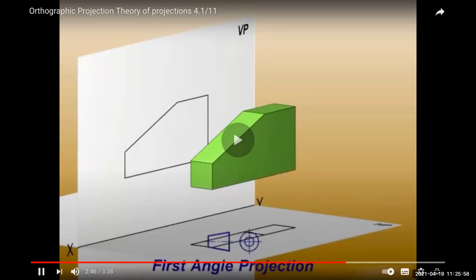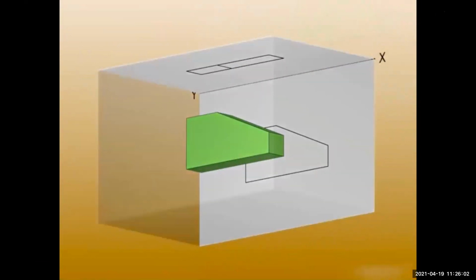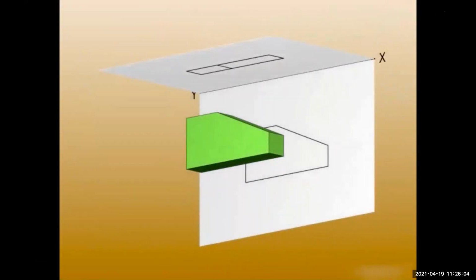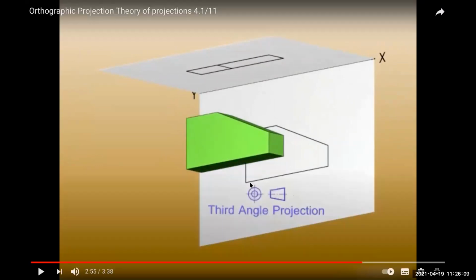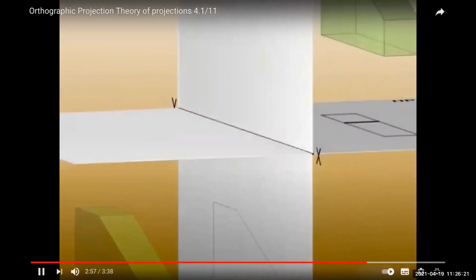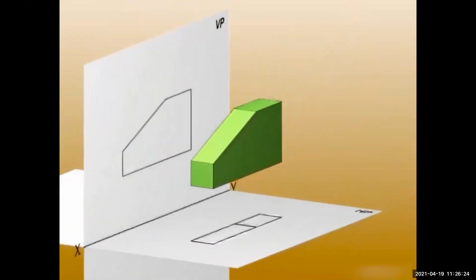So watch it carefully. Similarly, if the object is situated in the third quadrant, then the projection is known as third angle. So see, this is the symbolic representation of third angle projection method. Once we complete this video, we will see how these symbols come. In the first angle projection, the object lies above HP and in front of VP.